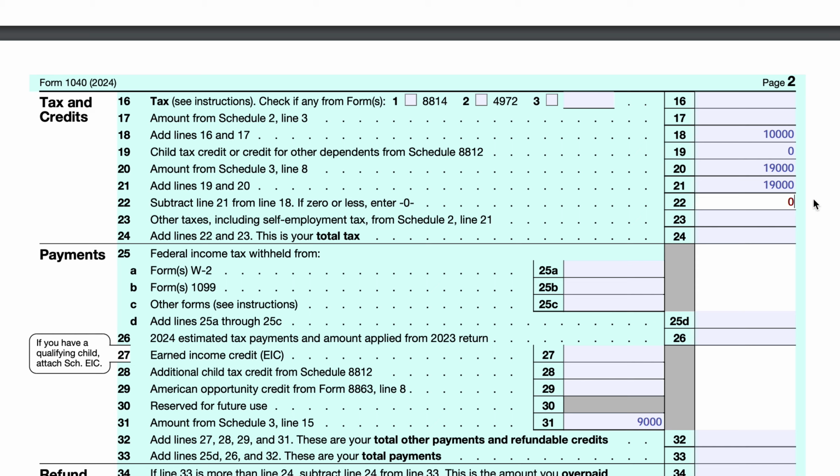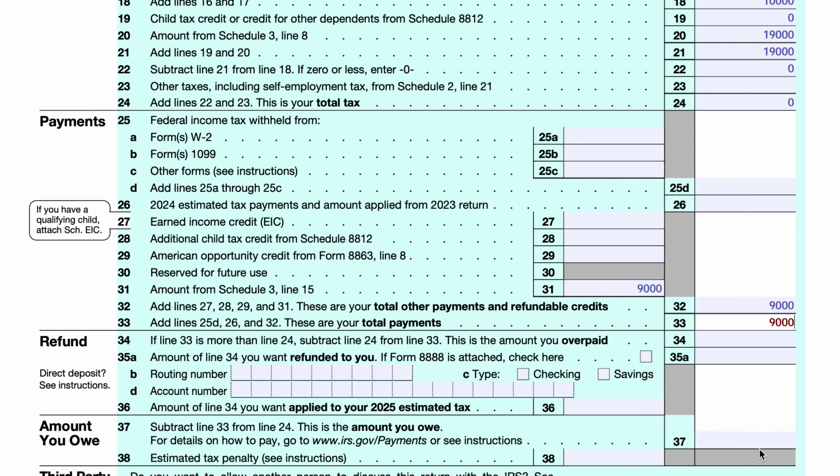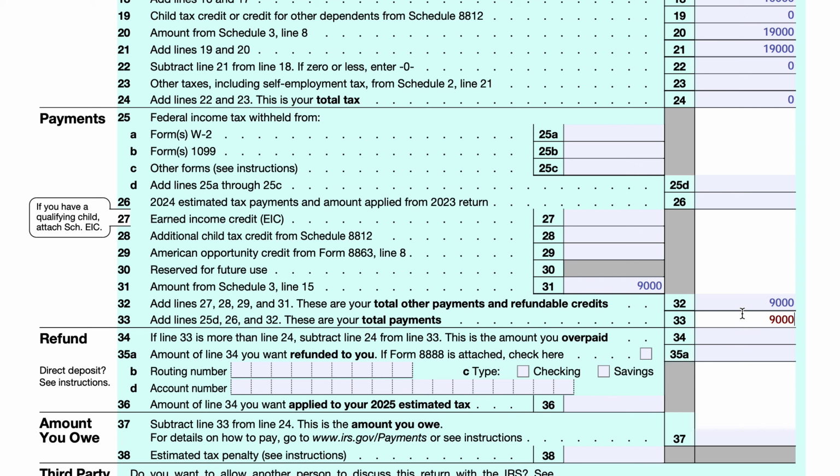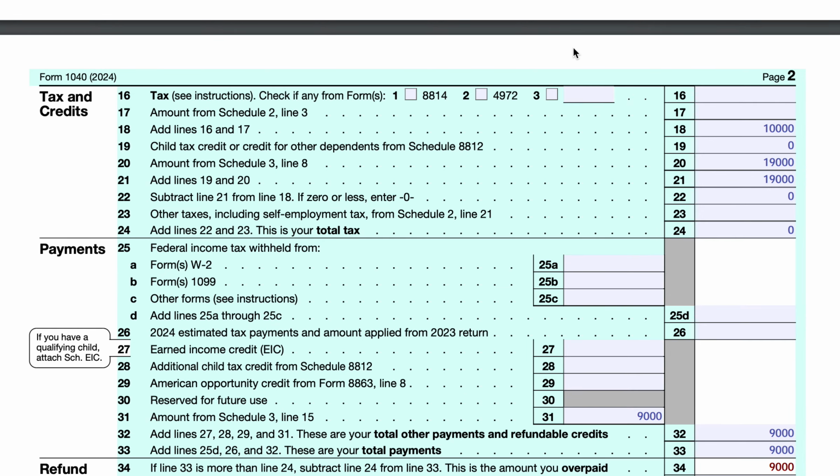So even if your tax bill was zero up here, and you had no other credits, you would have $9,000 here of total payments. Then down here, you would determine the line 33 is more than your tax here. You would get a $9,000 refund, and then you can decide how it's refunded to you. So that's how that works.